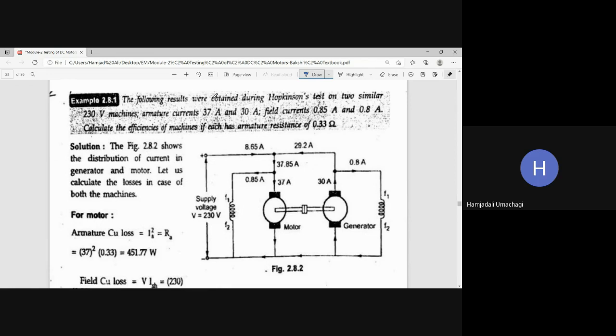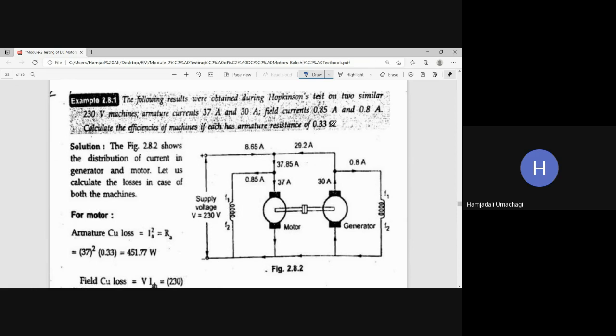Now let us see the problem statement here. The following results were obtained during Hopkinson test on two similar 230-volt machines. Armature currents 37 ampere and 30 ampere. Field currents 0.85 ampere and 0.8 ampere. Calculate the efficiencies of the machines if each has armature resistance of 0.33 ohms.